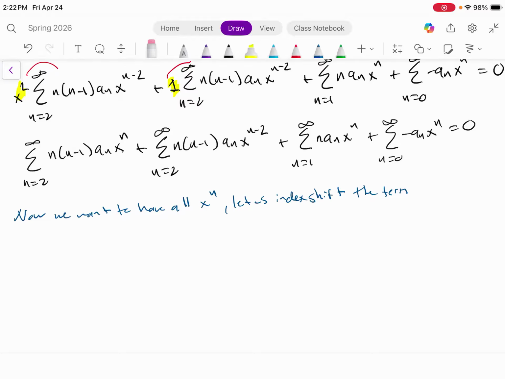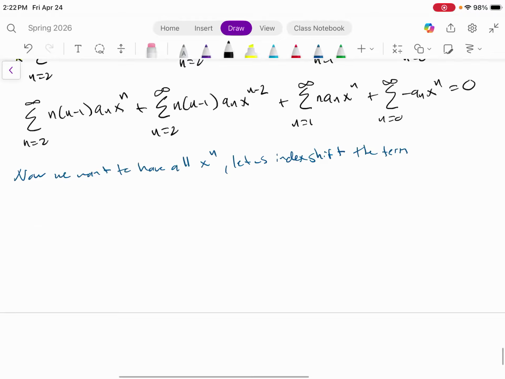Okay, so what this would look like is I'm just going to rewrite these other 3 series. They're not changing at all. And I'm index shifting my second series. So this will start out at n equals 0 now. And I'm adding 2 to every single n in that series.